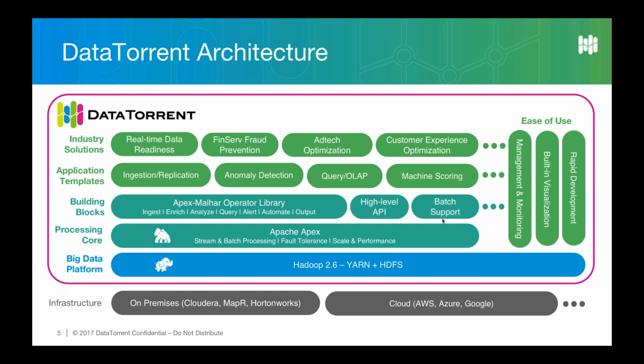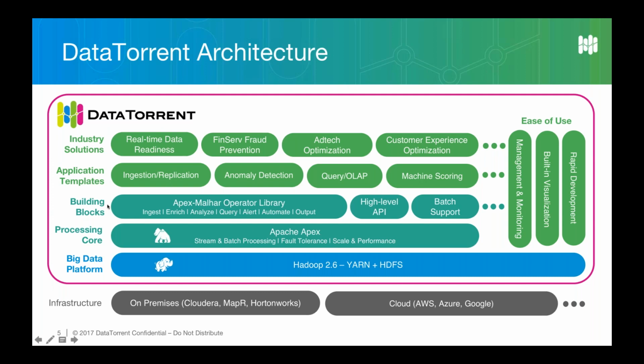And as I mentioned earlier, we also have batch support to trigger the start and stop of batches and various events related to batches. These two layers are open source. They are part of Apache Apex.